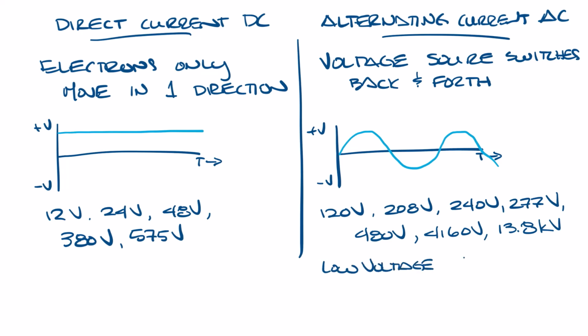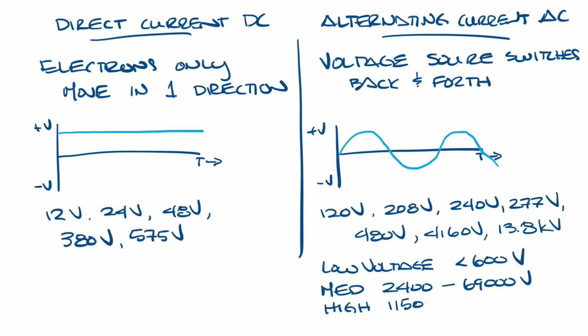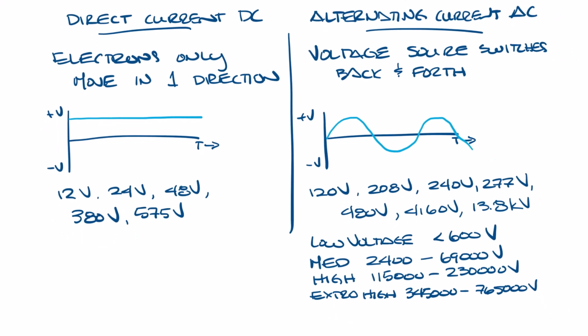Low voltage goes up to 600 volts, medium goes from 2400 to 69,000 volts, high voltage is from 115,000 volts to 230,000 volts, extra high voltage is 345,000 to 765,000 volts, and ultra high voltage is 1.1 million volts.